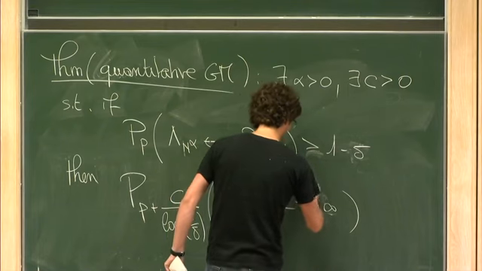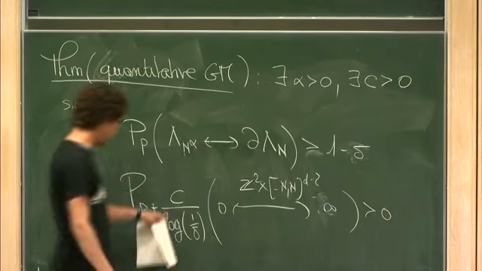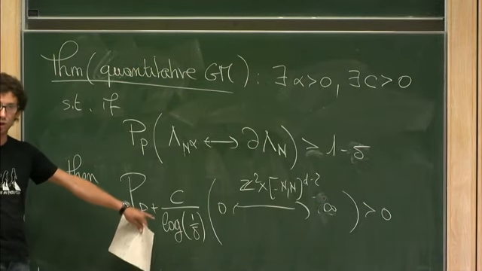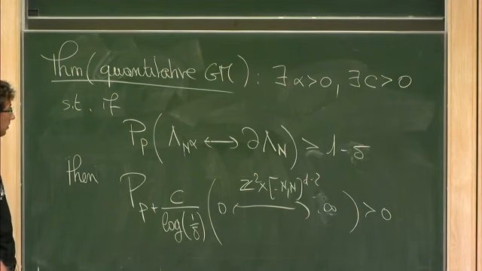So what I'm claiming in this thing is that the epsilon you can take is C over log of 1 over delta. That's the content of this theorem.